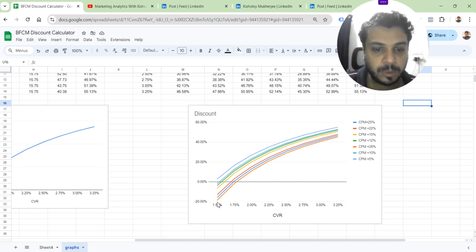With the highest rise in CPM, you can give much lesser percentage of discount even with rising conversion rates.